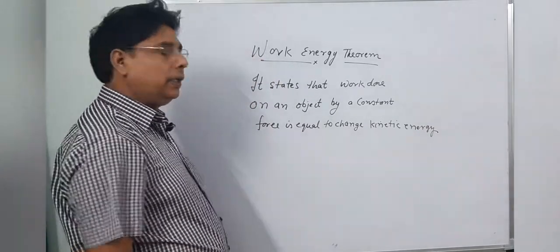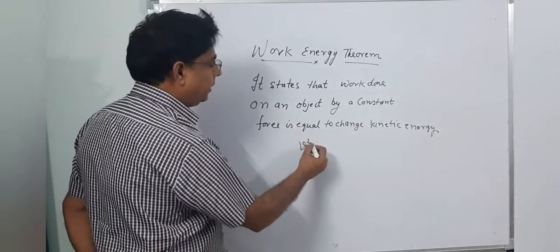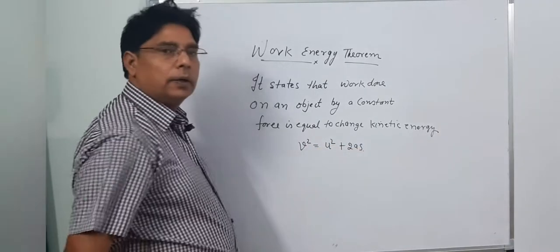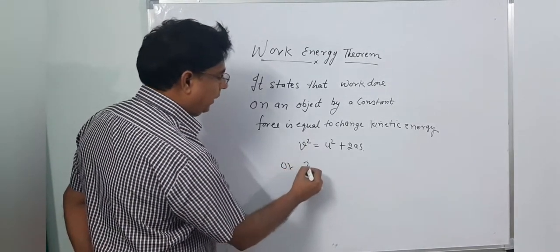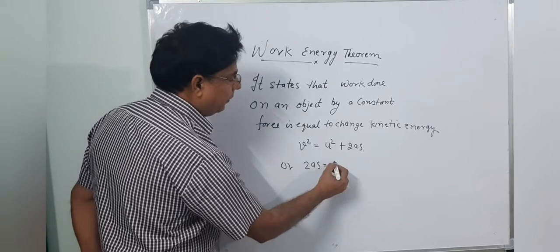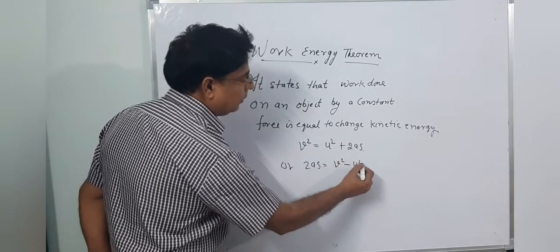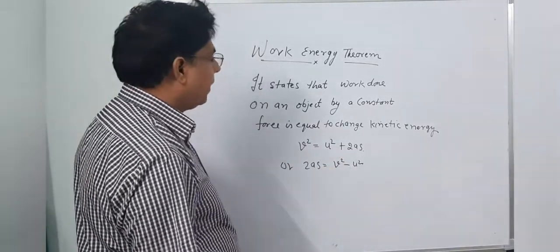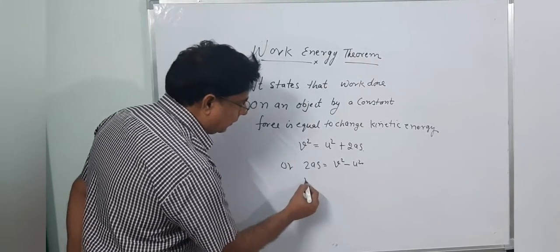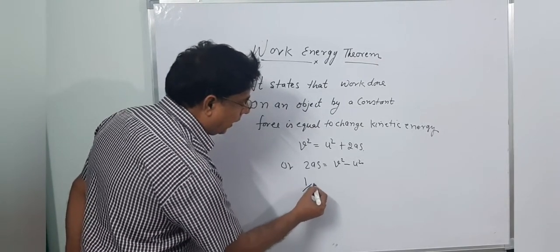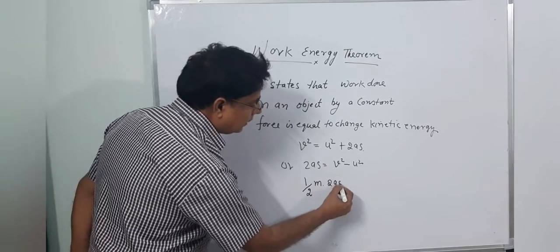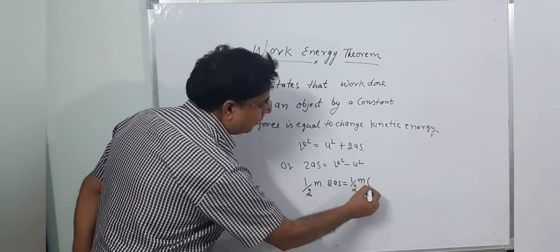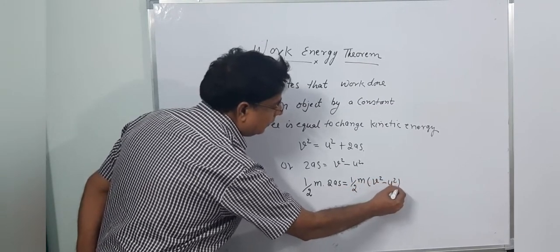From the third equation of motion, we know that v squared equals u squared plus 2as, or we can write 2as equals v squared minus u squared. Now we multiply this equation by half of the mass of the object on both sides. Half of mass times 2as will be equal to half of mass into v squared minus u squared.